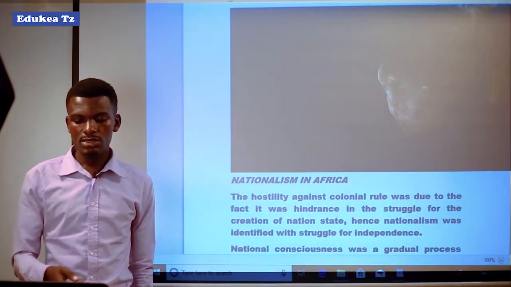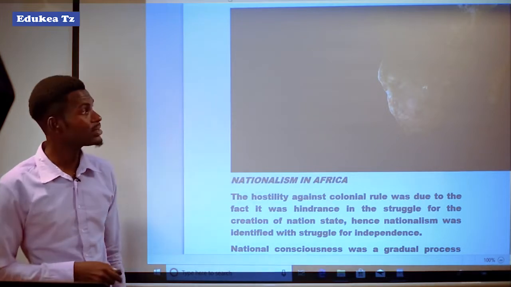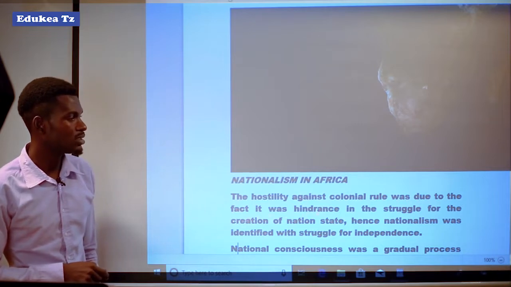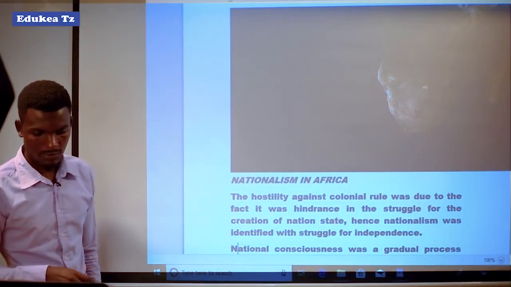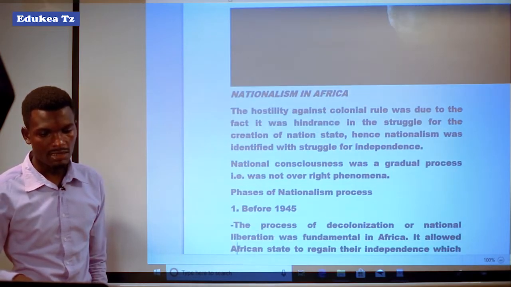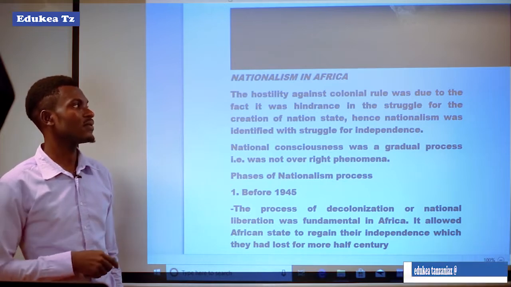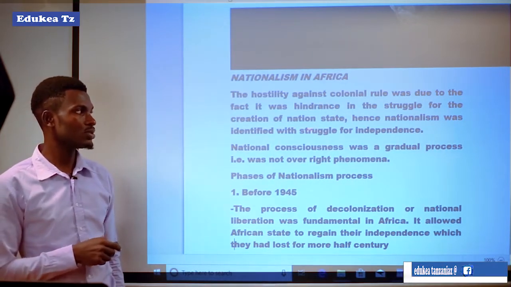The hostility against colonial rule was due to the fact that it was hindering the struggle for the creation of national states.